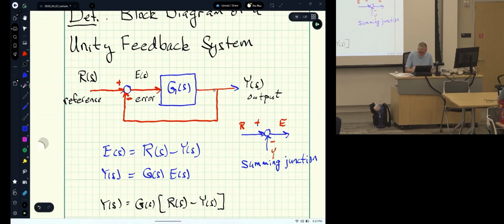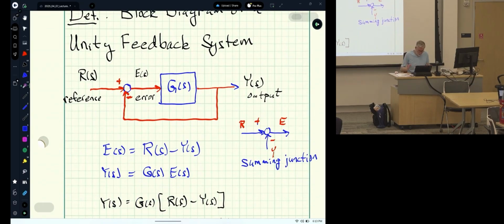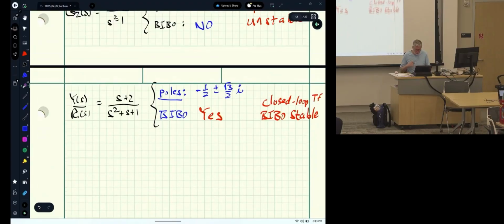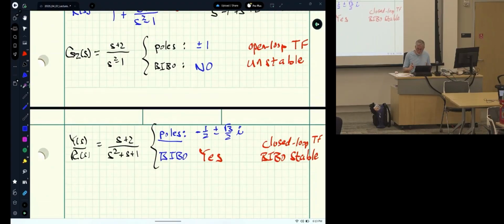Now that's just the simplest possible thing you can do. You close the loop, and you don't put a gain in here, you don't put another transfer function, you don't do anything except close the loop. And wow, in some cases, here we had an unstable open loop system, and we closed the loop, and it became BIBO stable. Whoa.